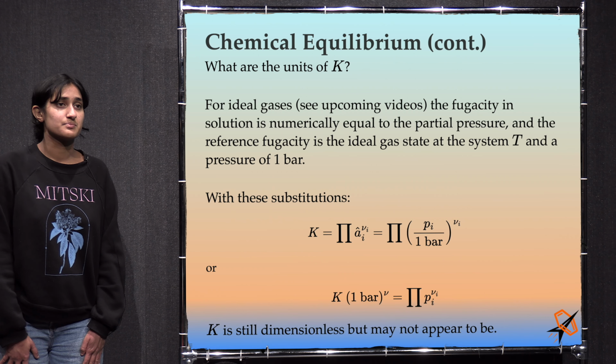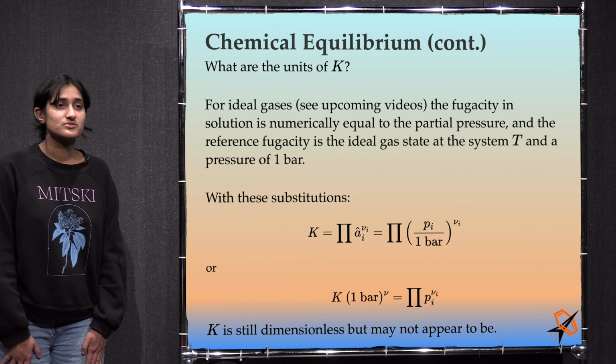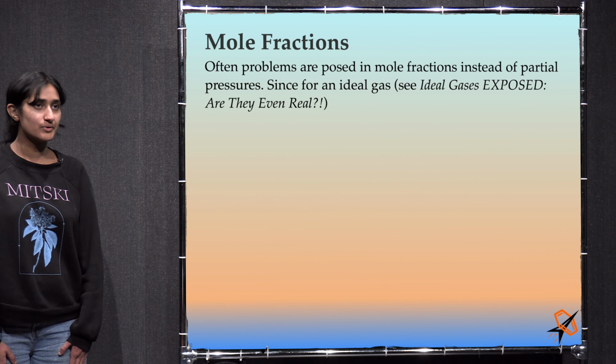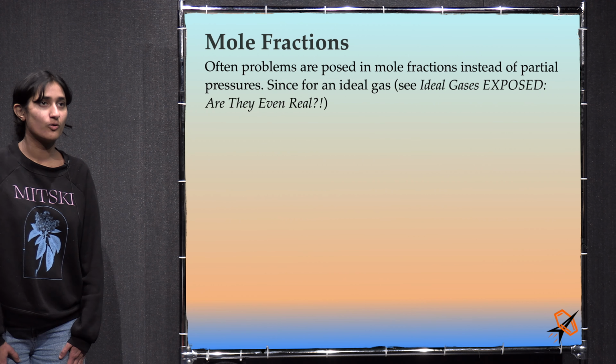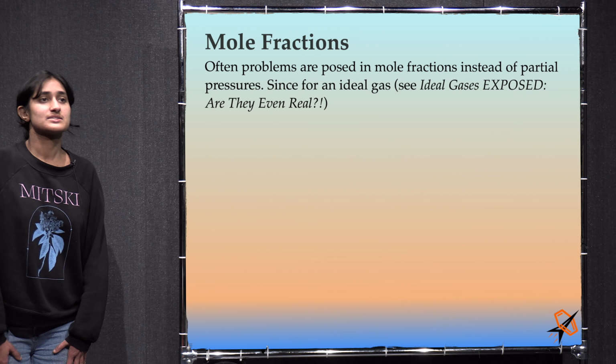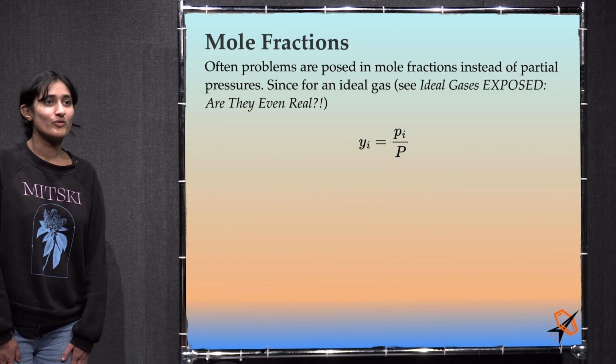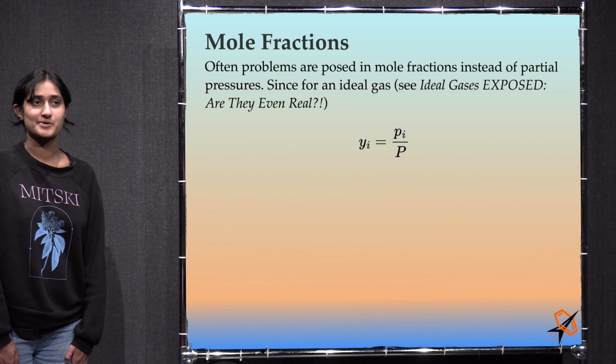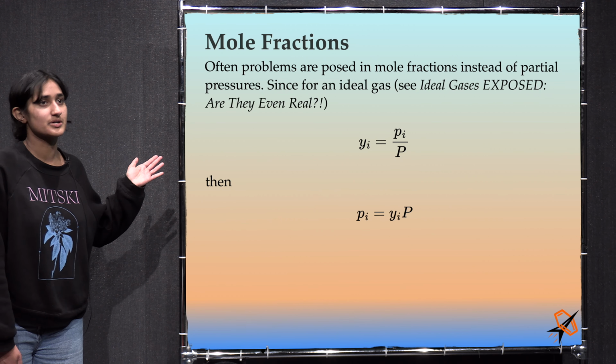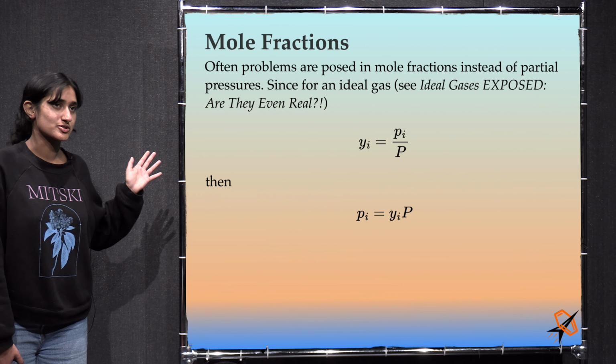K is still dimensionless, but it may not appear to be because of the reference fugacities raised to the overall stoichiometric coefficient. Often you will find that these sorts of problems are posed in mole fractions rather than partial pressures, since for an ideal gas, as you'll see in Ideal Gases Exposed: Are They Even Real?, the mole fraction is the partial pressure over the system pressure. Or rearranged, the partial pressure is the mole fraction times the system pressure.